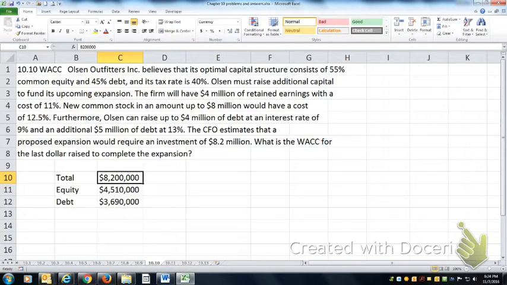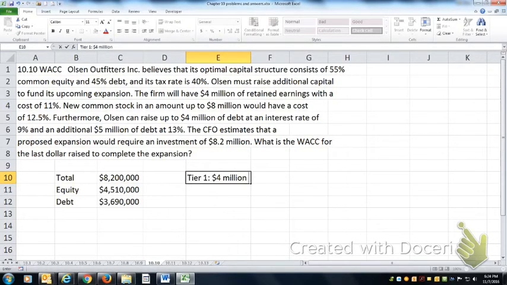Well, the good news is they can raise up to $4 million of debt at just 9%. So they're only going to need $3,690,000. This is going to come in two tiers. Tier 1 is going to be a combination of the $4 million in retained earnings plus some debt.